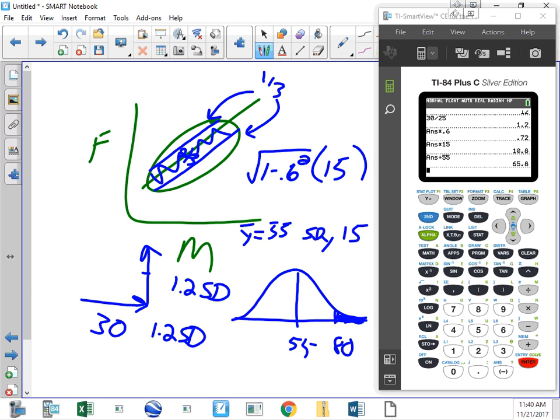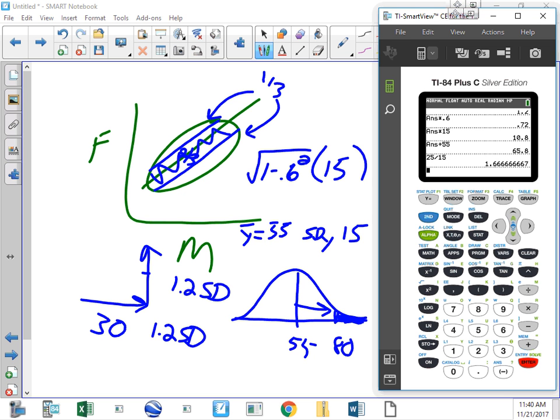How far in absolute terms is it from 55 to 80? 25. So I need to go right 25, but I need to turn that into an SD. So 25 divided by 15 is 1.6 SDs.